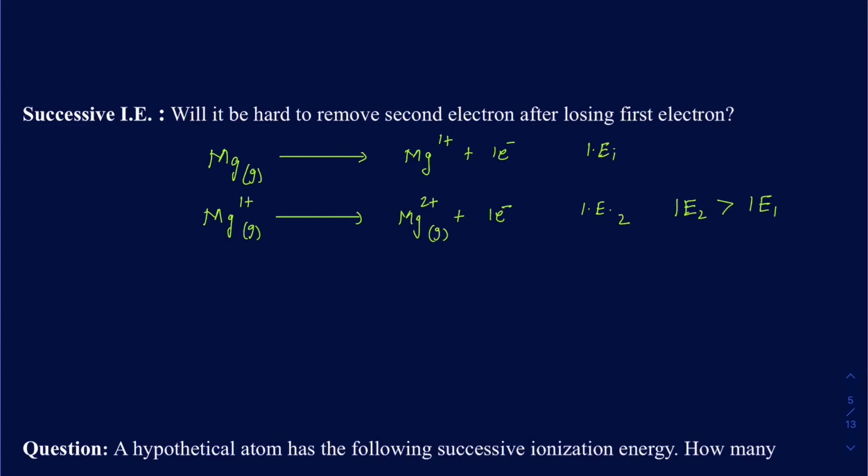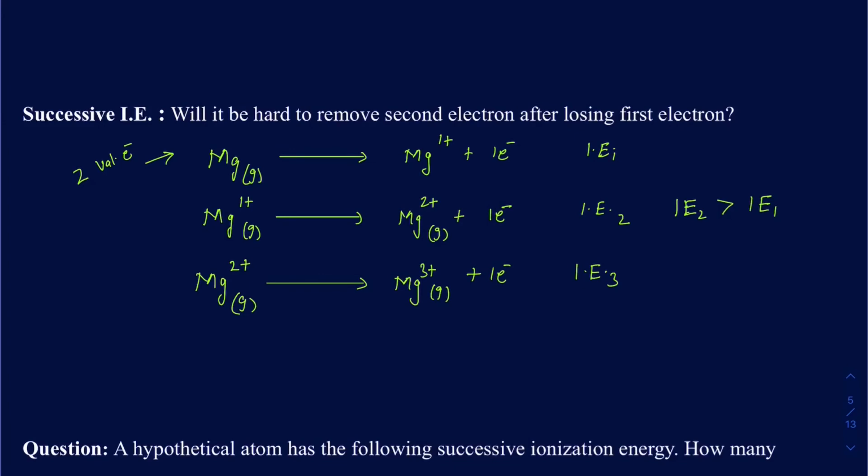Okay, in this particular case, I do want to compare the third ionization energy as well. If I have Mg2+ and it goes on to make Mg3+, everything in gas phase, plus an electron, this one is going to be called IE3. Now remember, magnesium has 2 valence electrons, and when we learned about making ionic compounds, we learned that magnesium wants to lose 2 electrons so that it gets to a stable electronic configuration.